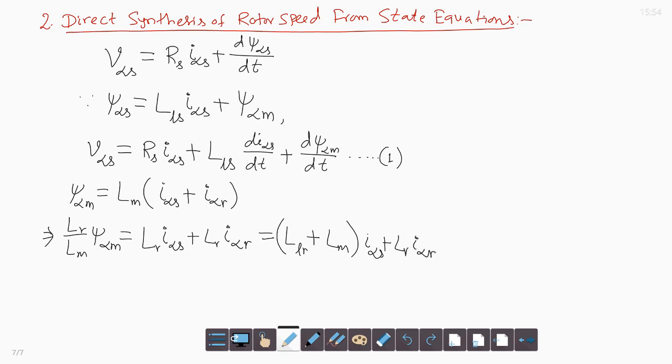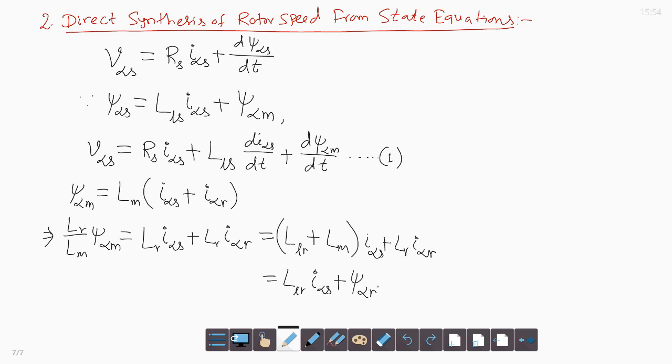So, we have this is Llr into I alpha s, and combining the other two terms it is psi alpha r, because Lr into I alpha r plus Lm into I alpha s is the rotor flux psi alpha r.